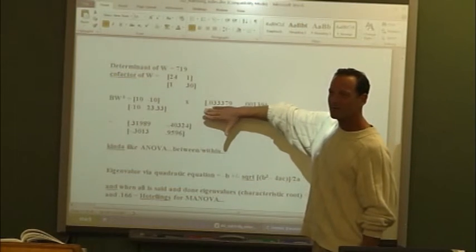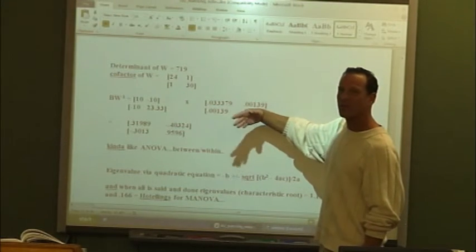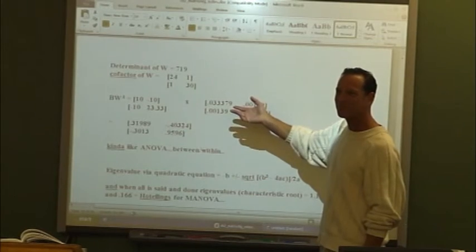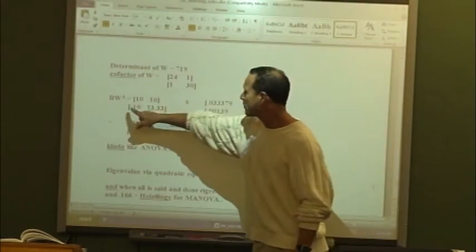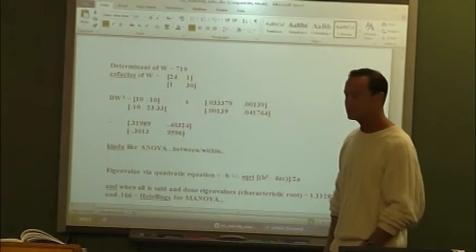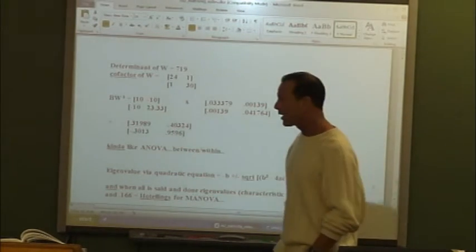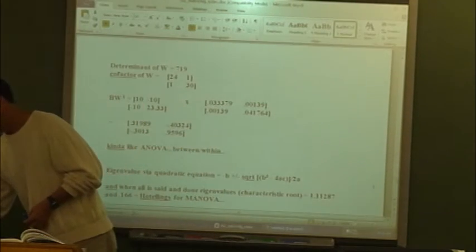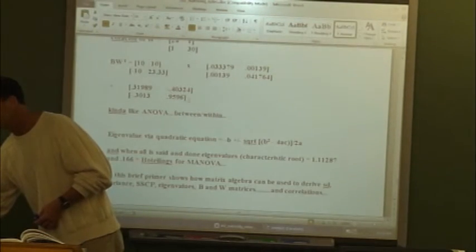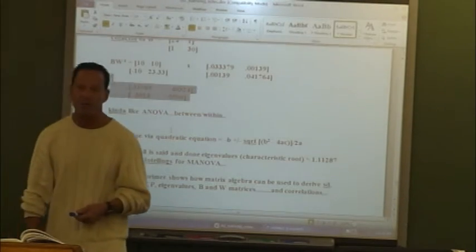Do you see why it's kind of nice how computers do this stuff? For 2 by 2, let's put it 3 by 3. Then you just multiply it. And guess what, everybody? There is your matrix: between divided by within.